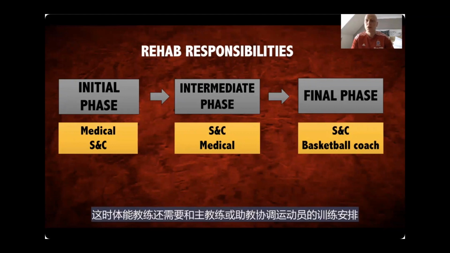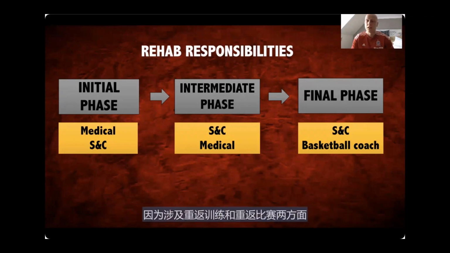And then, of course, the strength and conditioning department is responsible for all training activities, and they should communicate with the basketball coach, head coach, or the assistant coach to organize activities for this player if we are talking about the return to train or then the return to play moment.